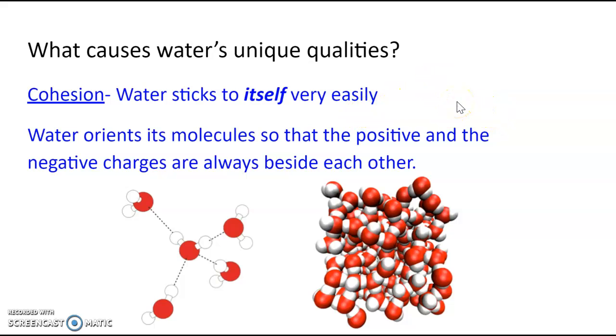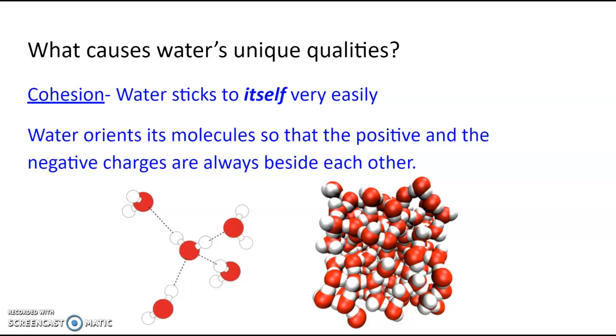And that's why water forms droplets on things all the time. So whether that's dew on grass or condensation on your car or condensation on your window in the wintertime, that cohesion, those hydrogen bonds pulling the water molecules together, are what allows that to happen.